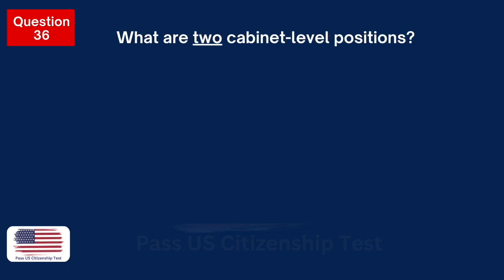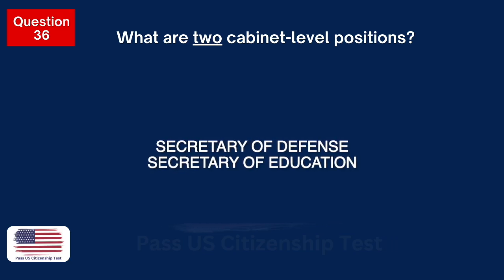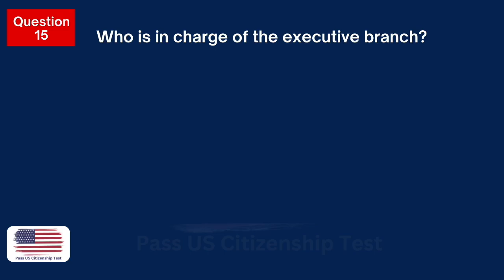What are two cabinet-level positions? Attorney General. Vice President. Who is in charge of the executive branch? The President.